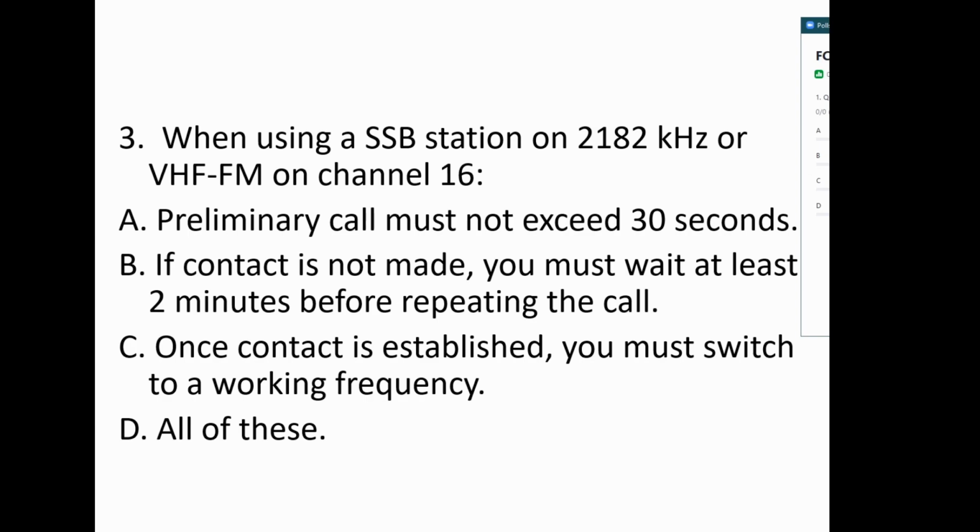So they're looking at the two emergency channels, 2182 kHz or channel 16 VHF.